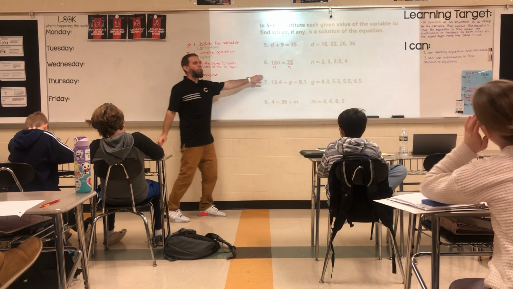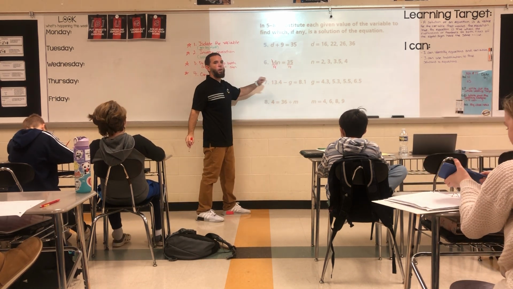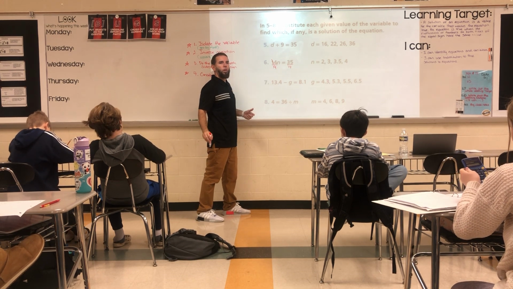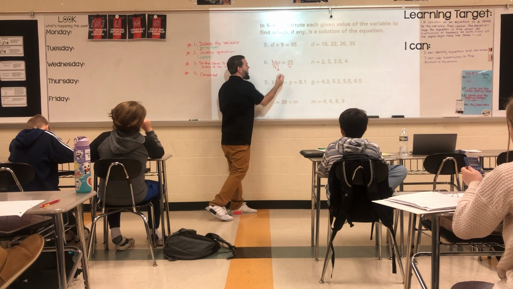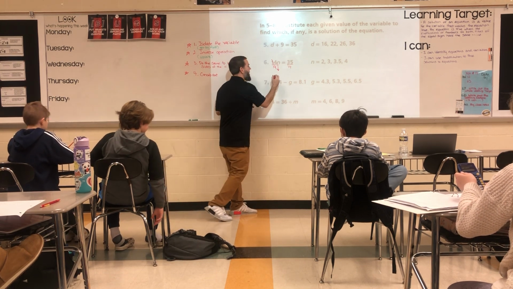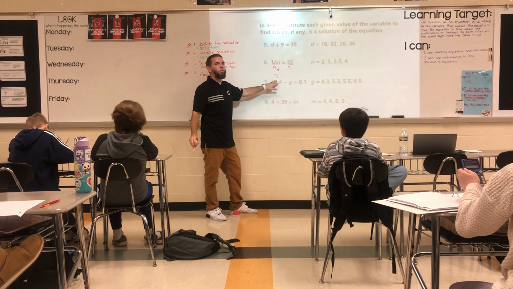So it cancels out. And what does that leave us with, Ciamara? Whenever that cancels out, that just leaves us with the variable, right? And we did exactly what we wanted to do. We wanted to isolate the variable.